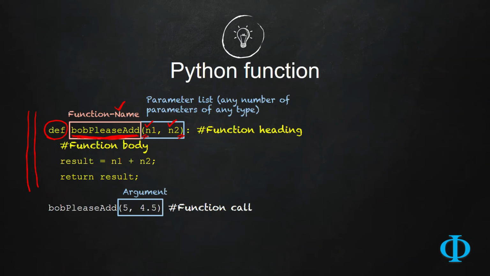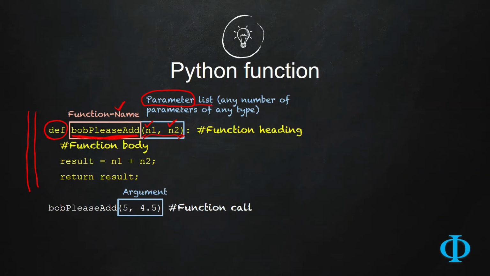Now these data items on top of which the function will actually work are called parameters. And inside this opening and closing parenthesis after the function name, you can pass all the parameters. That is a parameter list.